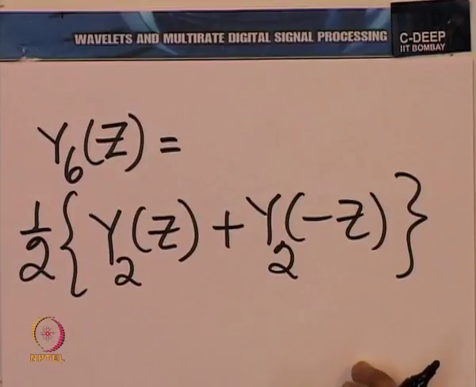In fact, this jumping across the downsampler and the upsampler was useful because it brought us quickly towards the output.